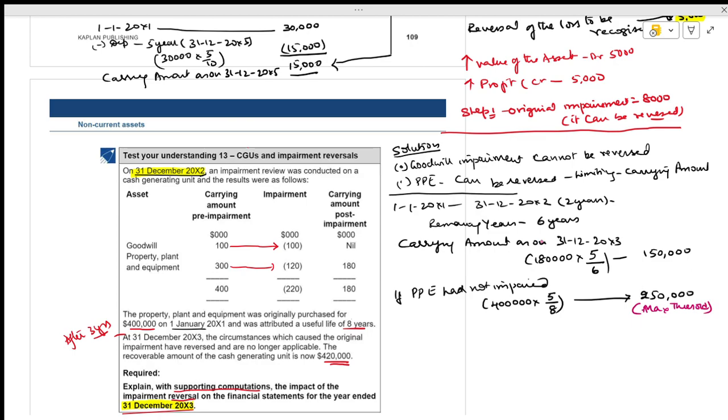How much is that? 250,000. Now, what is the carrying amount as on 31st December 2003? 150,000. Fine, 150,000. Now, how much is the gain, or how much can we increase? How do we have to do it?